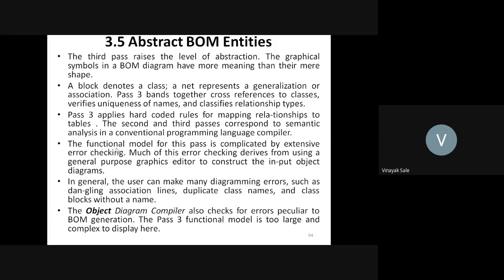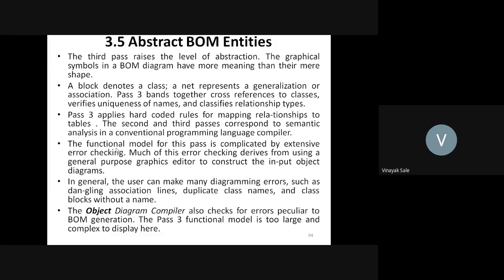Then abstract bill of material entities. This is the third pass. The third pass raises the level of abstraction. The graphical symbols of bill of material diagrams have more meaning than their mere shape. A block denotes a class. A net represents a generalization or association.